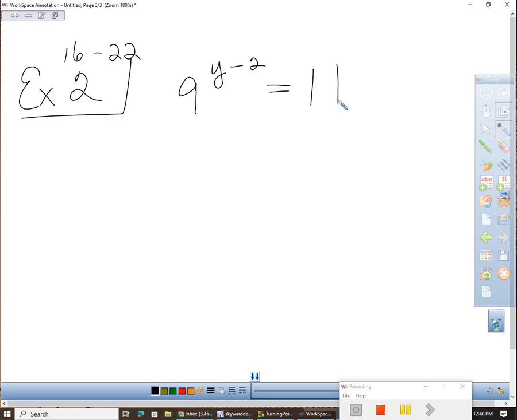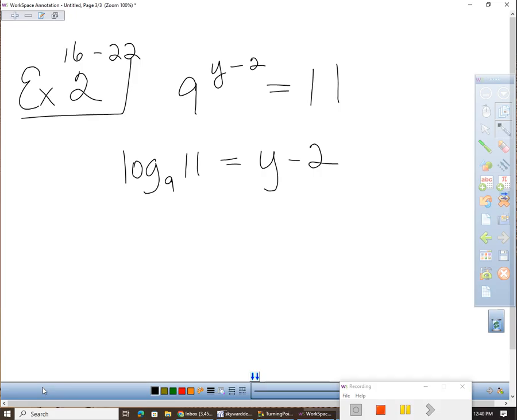There's no way we can get them to match up. So to solve one of these, you have to change it into log form. Currently, the variable is in the exponent. So to solve it, we have to change it to log. So we go log. The base to the exponent is 9, so that's the base of my log, of 11 equals y minus 2.